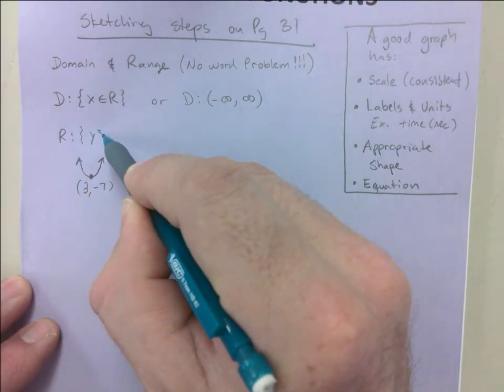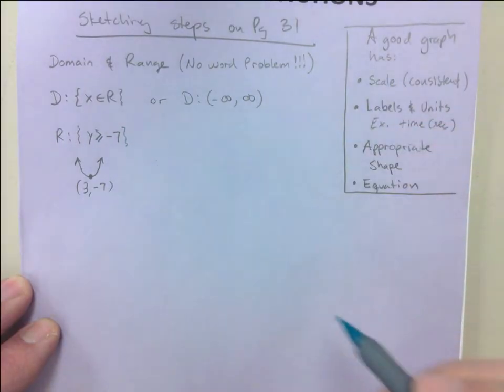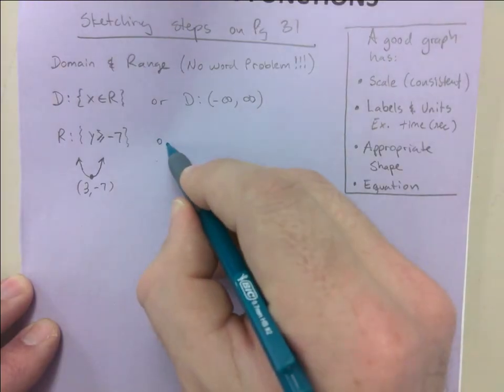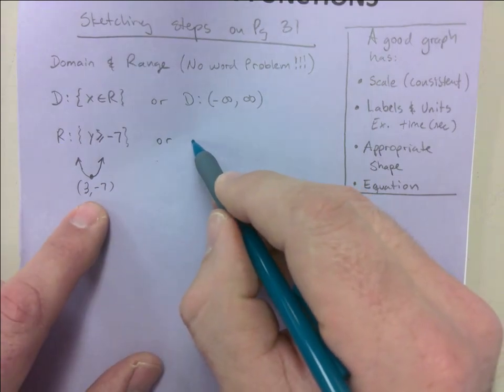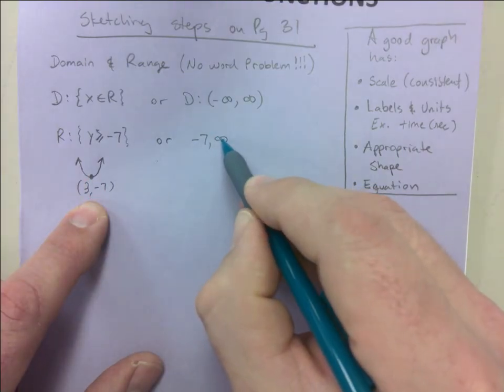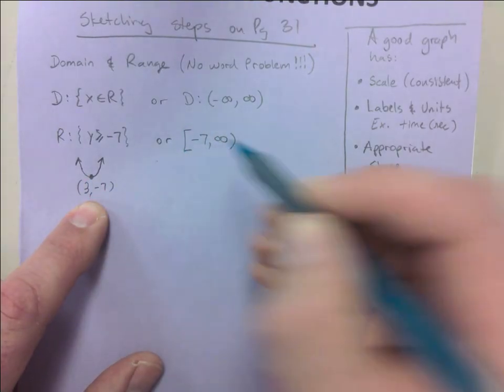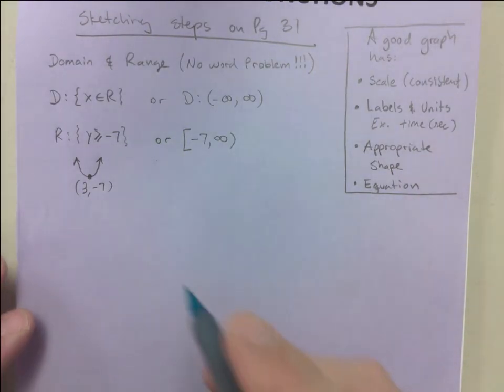It's greater than or equal to -7. Squiggly brackets. Or, how would we do this? We go from -7 all the way to positive infinity. Like that. So that's how you deal with that one.